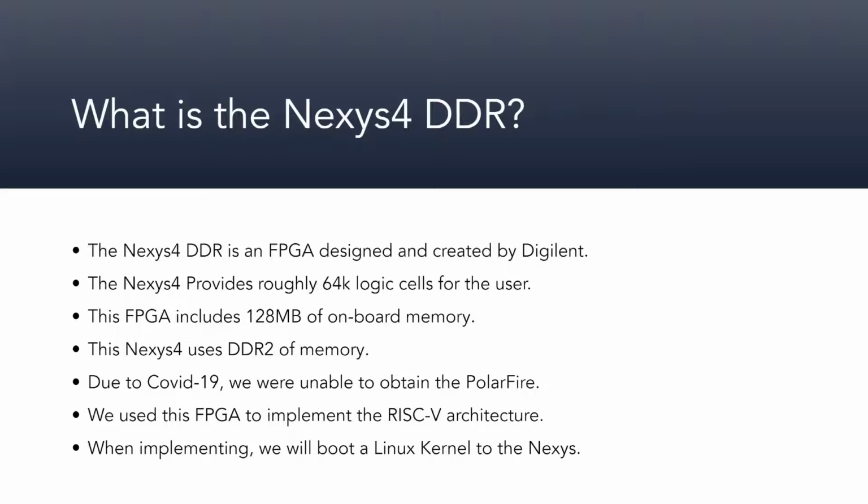It also has DDR2 memory. But due to COVID-19, we were unable to obtain the PolarFire, so we were basically using only the Nexys4 as our basis to implement the RISC-V architecture. And when we were trying to implement them, we usually use Linux or Windows.